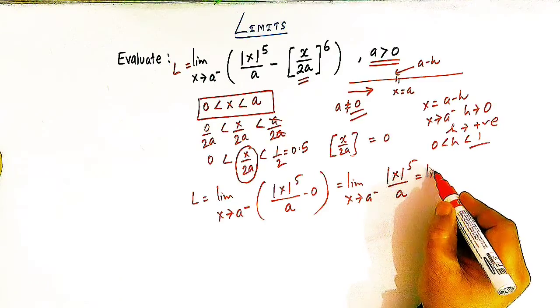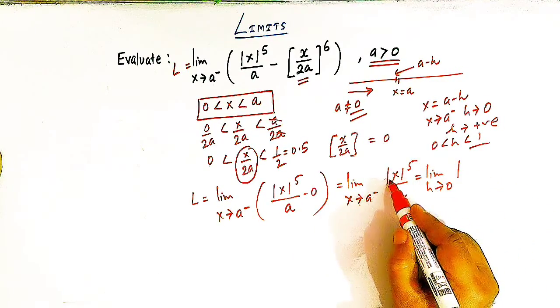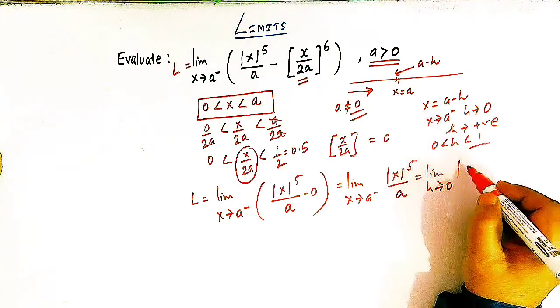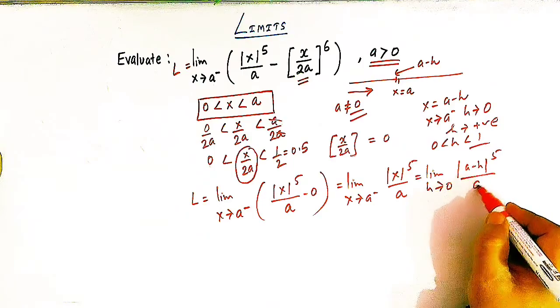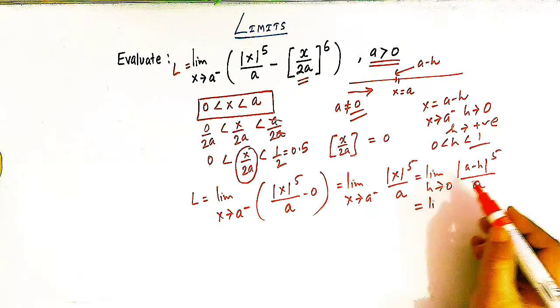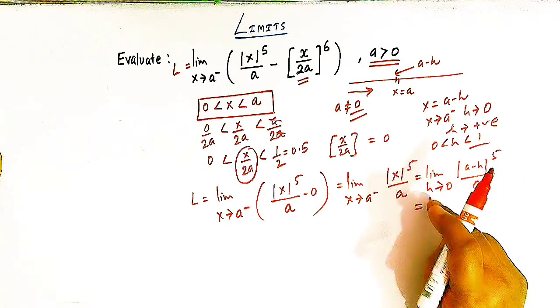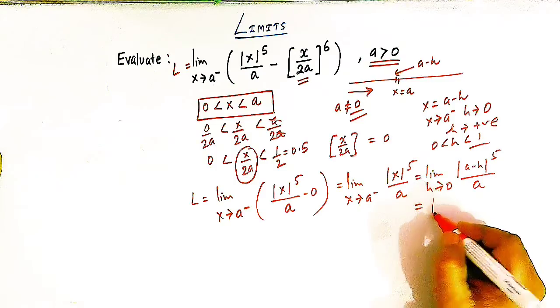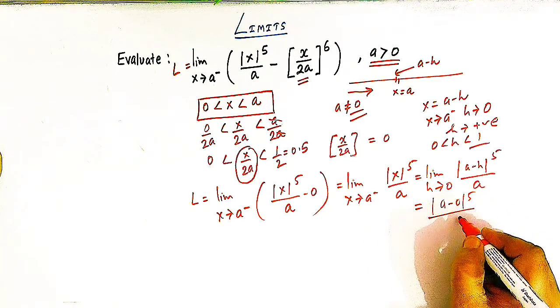So here we have the limit as h tends to 0, and x can be replaced by a minus h, so mod of a minus h raised to 5 over a. So we can take h equal to 0 here. Now we have mod of a minus 0 raised to 5 over a.